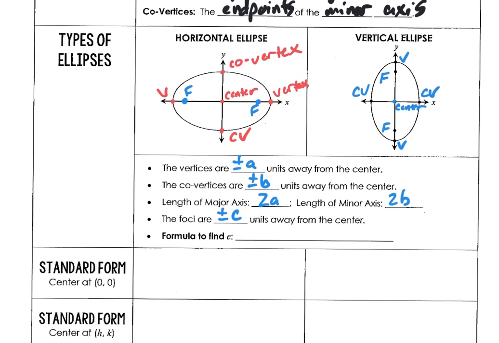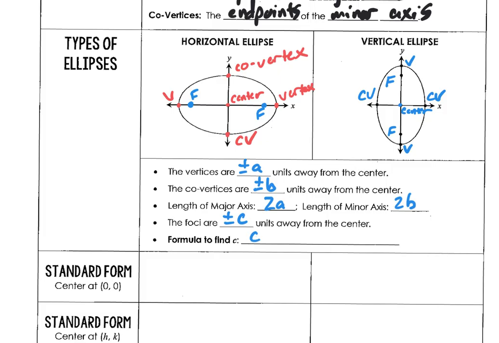Okay, now this formula here is going to be a big deal. C squared equals A squared minus B squared. It kind of looks like the Pythagorean theorem, but this is not the Pythagorean theorem.